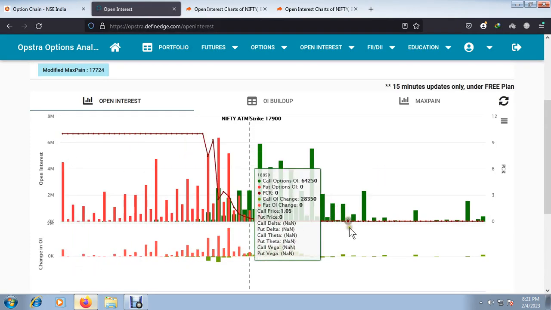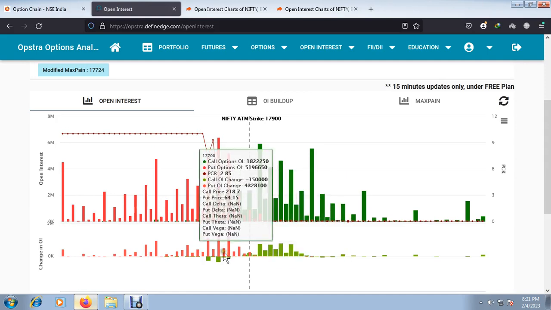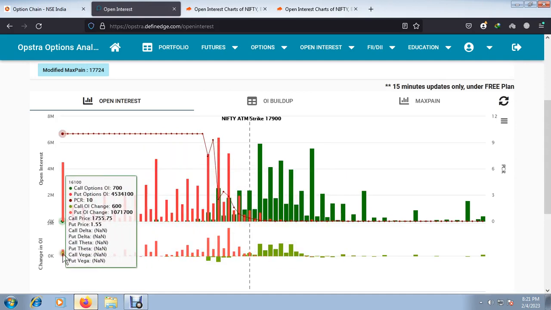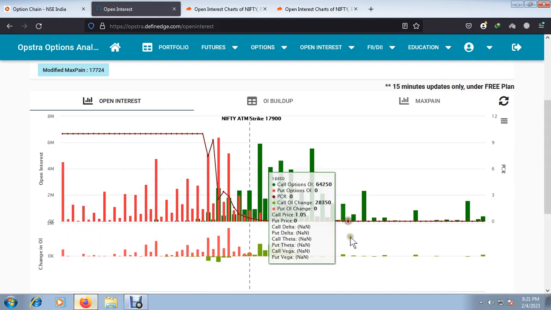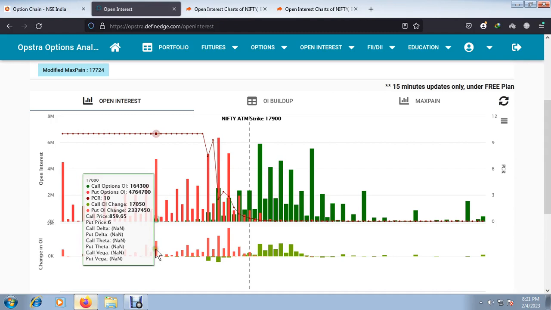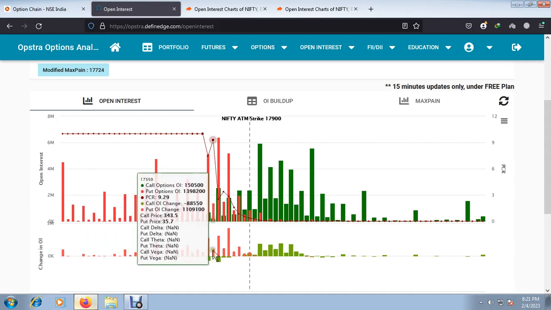If you want to understand what is going on currently in the live market, in intraday, you need to see this lower one, the change in OI. You have to see which bars are going up and which are going down.